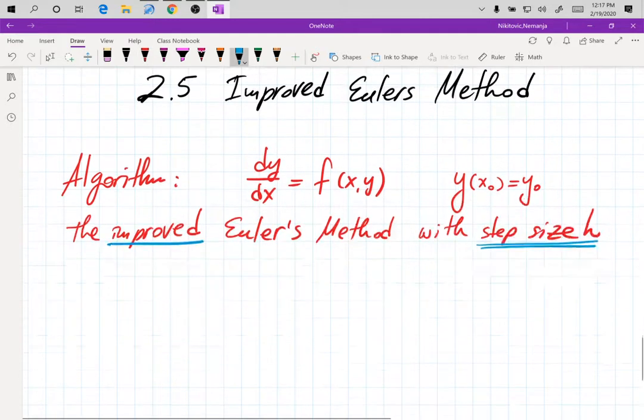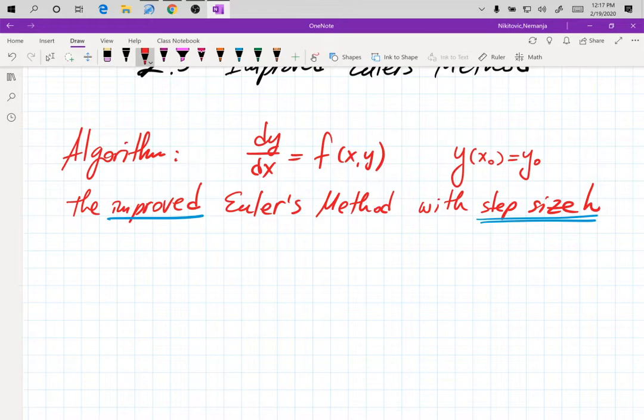And here is the method. First, we calculate K1 as f of xn, yn. Well, these are your x0 and y0 on the first calculation. Those are given, so you should not have an issue calculating K1.